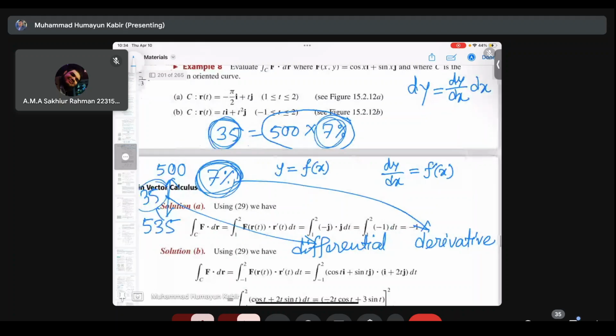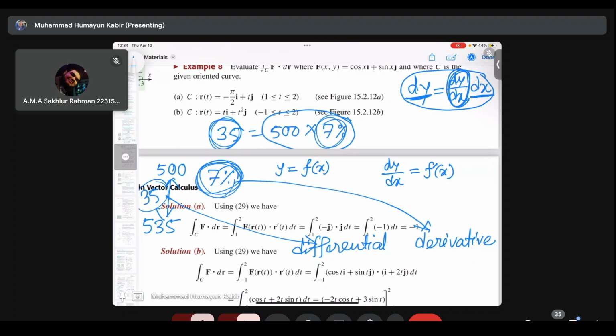This is the relation between the differential and the derivative. That is, the amount of change in y equals the rate of change, I mean the derivative of y, times the amount of change in x. This is the relation between derivative and differential.